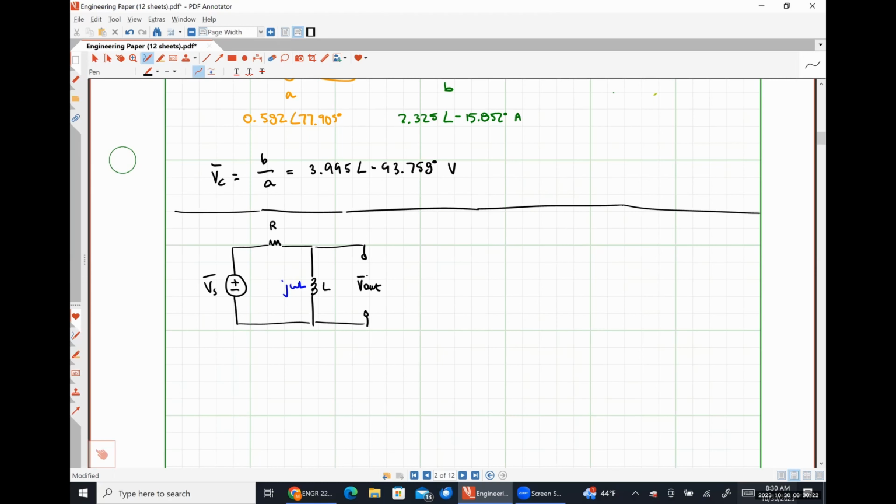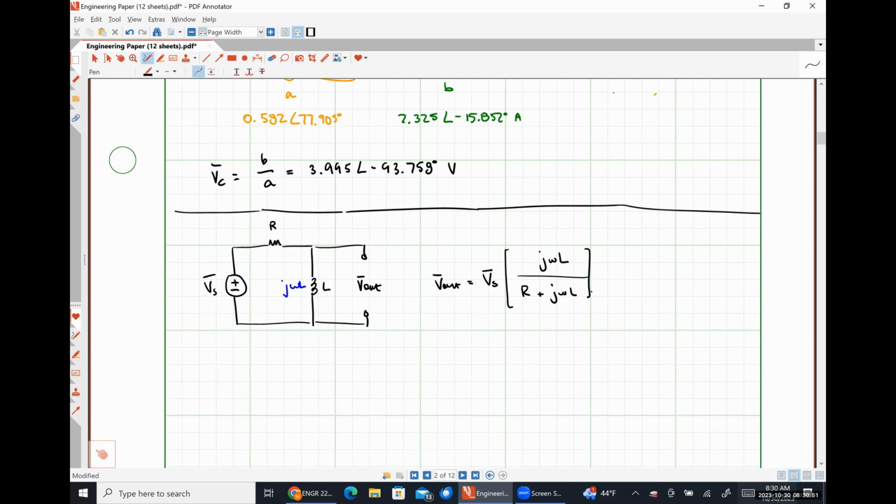This is a very simple voltage divider circuit where our output voltage would simply be Vs times j omega L over R plus j omega L.